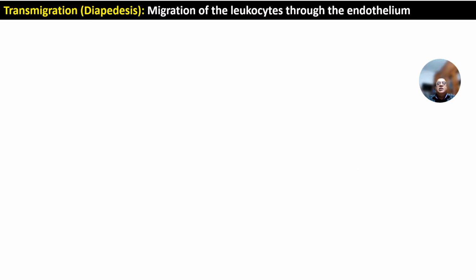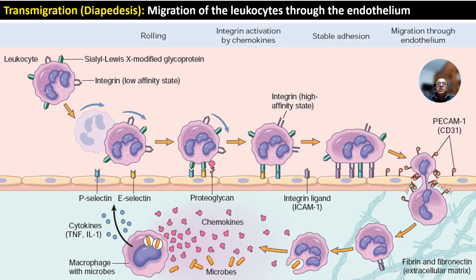The next step is the migration of the leukocyte through the endothelium, and that is termed transmigration or diapedesis. Here, after the interaction of ICAM, VCAM, and alpha and beta integrins, there is presence of PECAM, or platelet endothelial cell adhesion molecule, in the intercellular spaces.